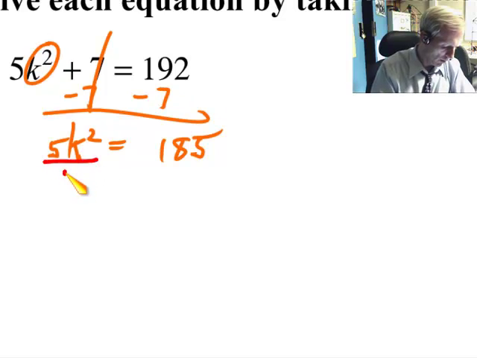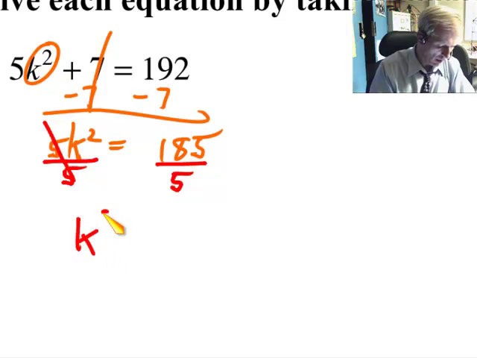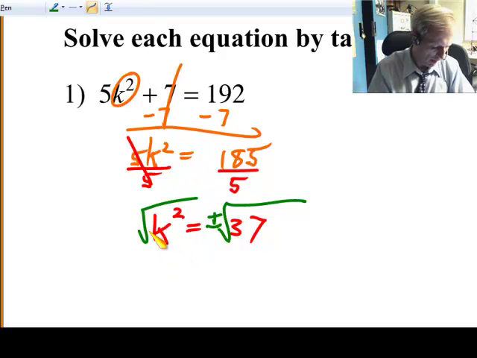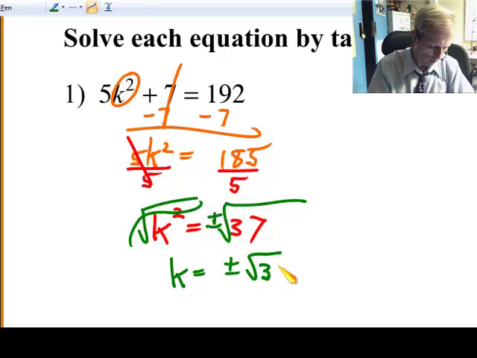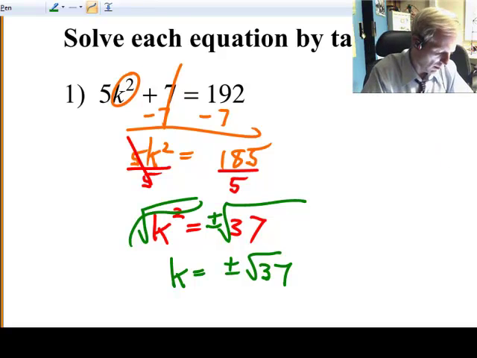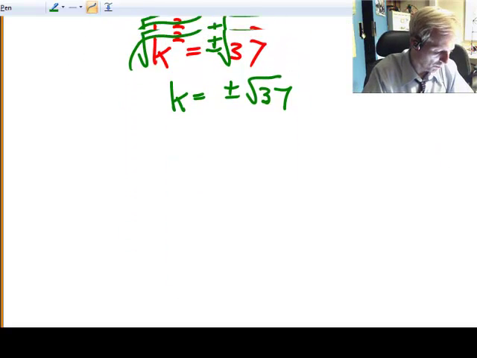Then I'm going to divide by 5, and that's going to give me k squared equals 37. Then I'm ready to take the plus minus square root of both sides of the equation, and that causes the exponent to disappear, and I'm left with k equals plus or minus the square root of 37. And that's it as far as I can go.